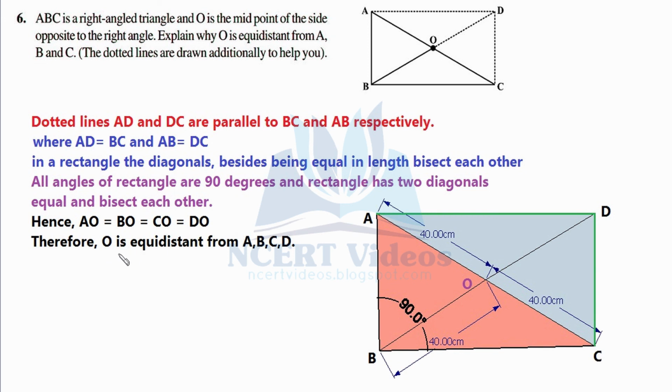Therefore, it simply means O is equidistant from A, B, C and D. So this is how construction helps in order to verify something. It is our imagination and we can take any dimension of it. The only point is that our question should be verified. With this, we have completed the last question, question number 6 of exercise 3.4, chapter 3, Understanding Quadrilaterals.